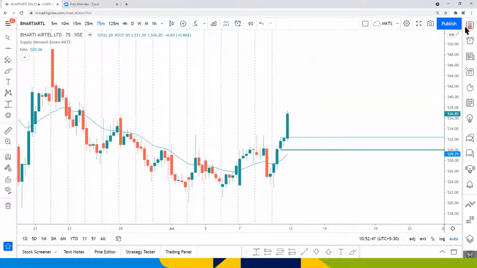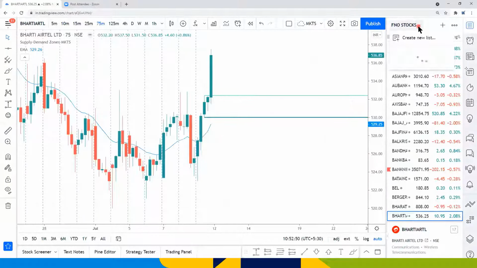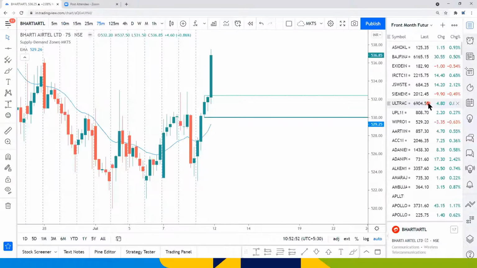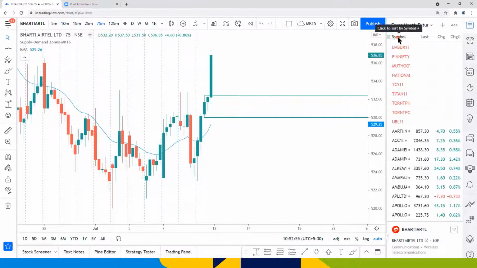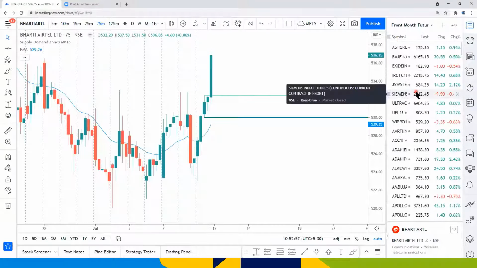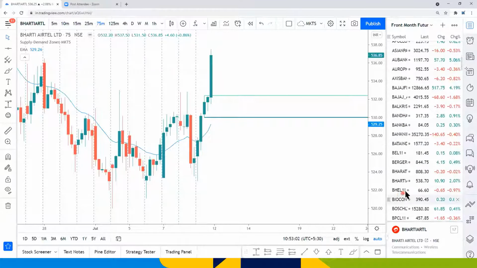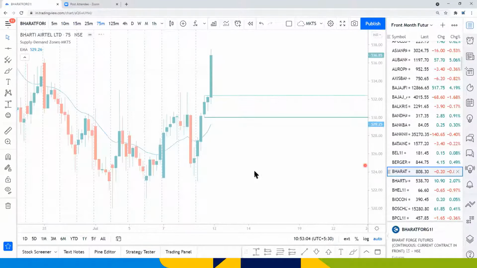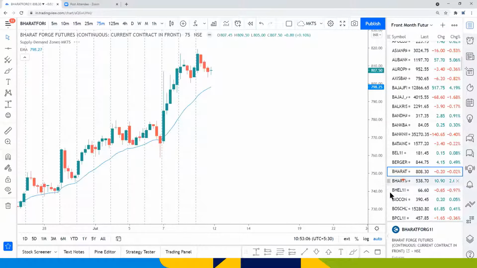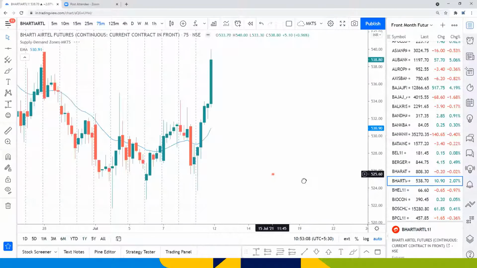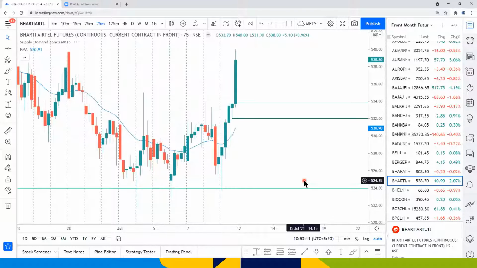Let's check the futures chart. This is the futures chart of Bharti Airtel. Is the zone around the same price? In terms of structure, there will be a price variation based on the premium and discount. But yes, similar structure even on the futures chart.